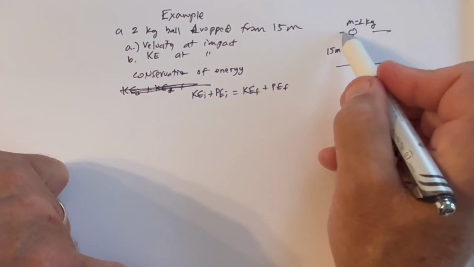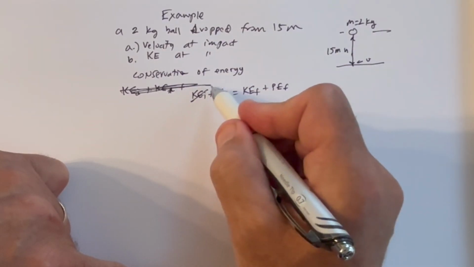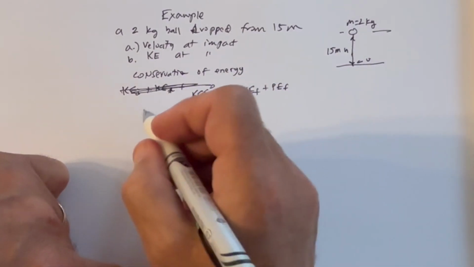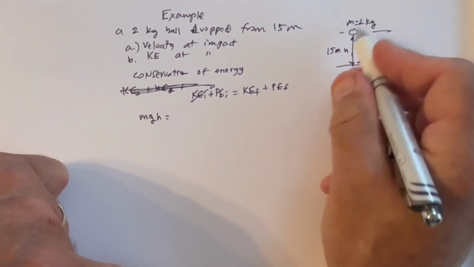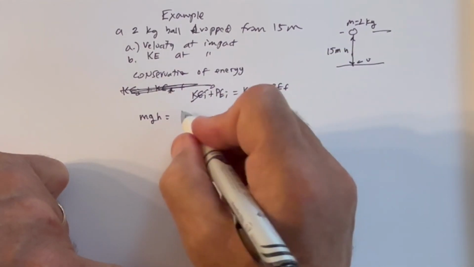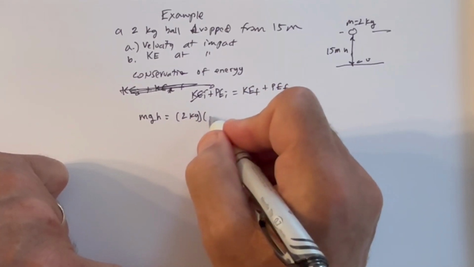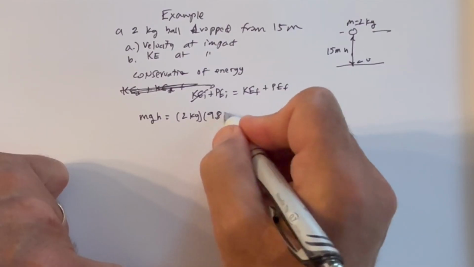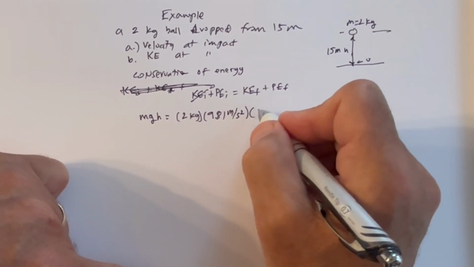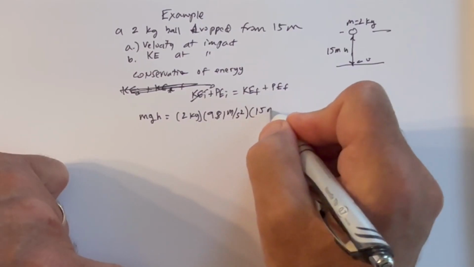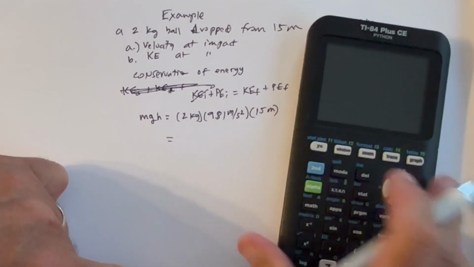When the ball is at rest up here, it's just sitting up here before it drops, the kinetic energy is 0. So we just have potential energy. So we have mgh, that's going to be the initial when the ball is at rest up here. The mass is 2 kilograms. Our gravitational constant is 9.81 meters per second squared. Our height is 15 meters. So now let's get our calculator out and multiply all that out.